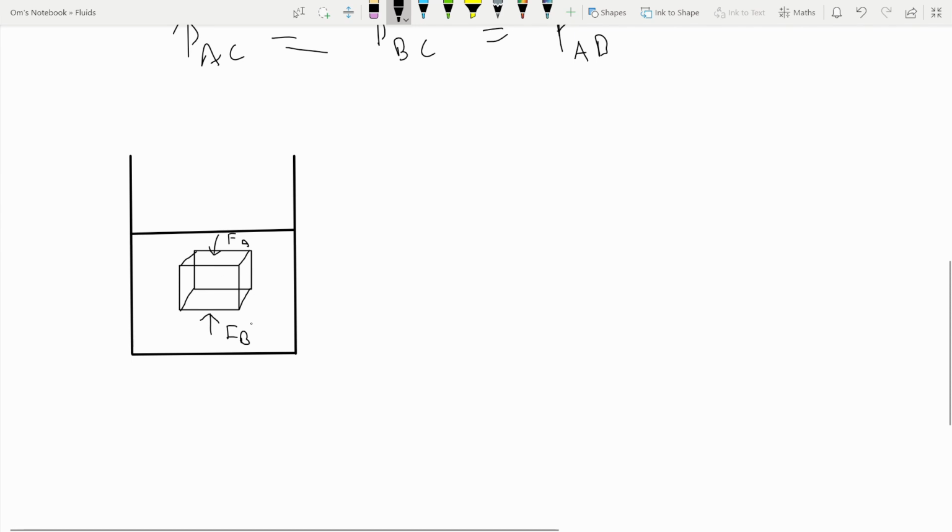So what we can say is that since the fluid is still at rest, the force B over here supports not only the force exerted by force A, but it also supports the weight of the fluid within this region. So what we can write is FB is equal to, let's say there's a mass m within that region, mg, plus FA.